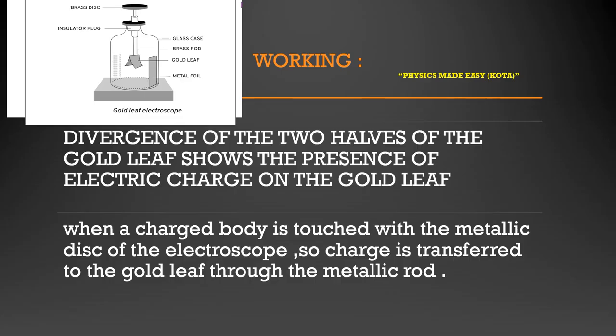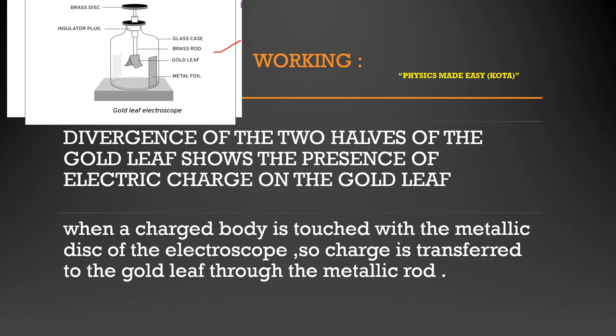So now, what is the working of the gold leaf electroscope? In the figure you can easily observe the metal leaves inside the apparatus. The divergence of the two halves of the gold leaf shows the presence of electric charge on the gold leaf.